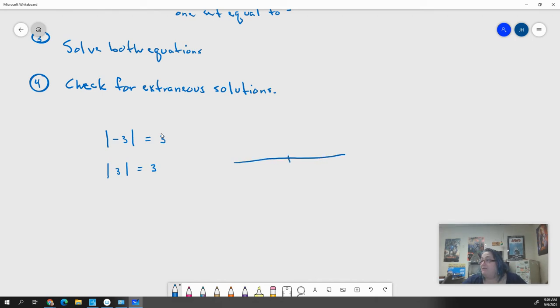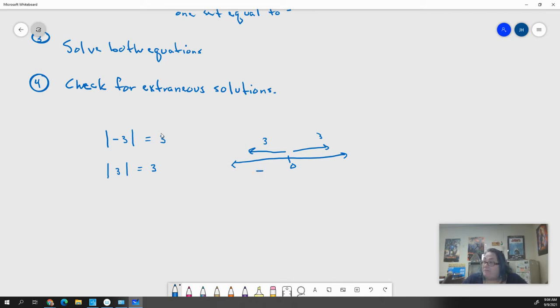If I had a number line and I had 0 here, and I had something, say, 3 away from 0 in this direction or 3 away from 0 in this direction, it's still just a distance of 3, no matter which direction we go.